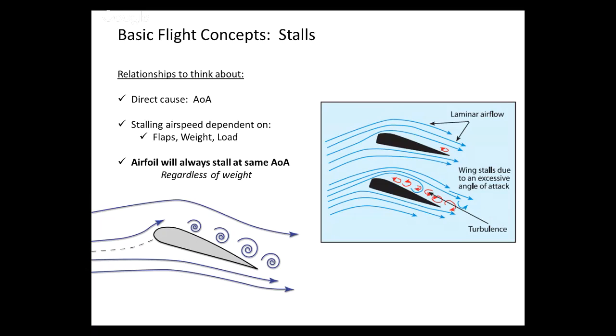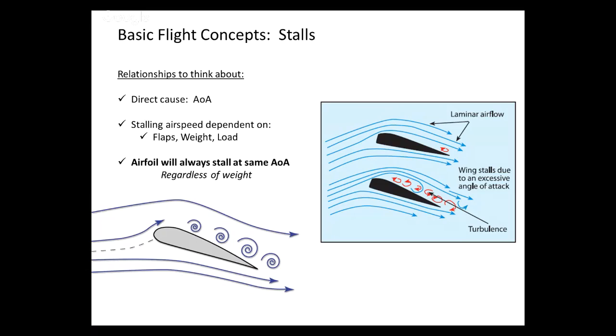Just know that regardless of whether you've got the flaps deployed, whether the aircraft's fully loaded or empty, etc., it's always going to stall at the same angle of attack. The one parameter that does change is the speed.